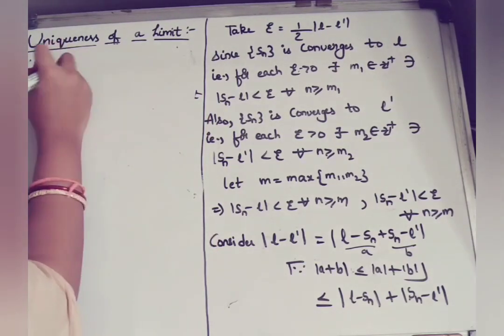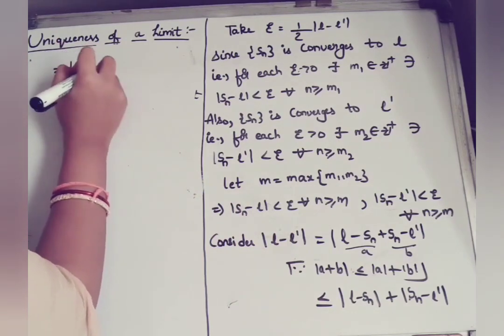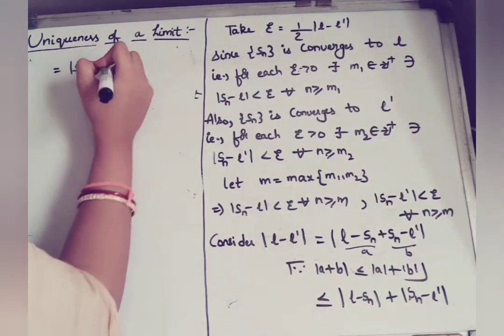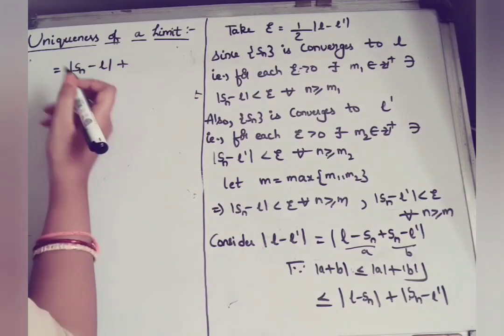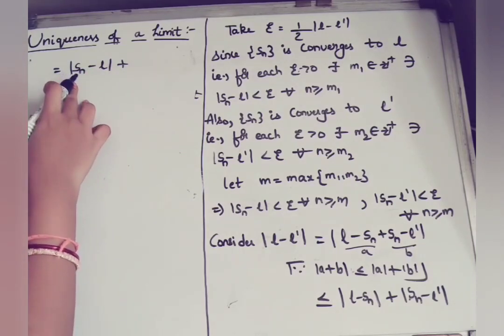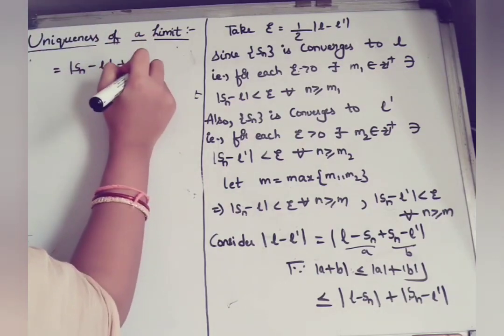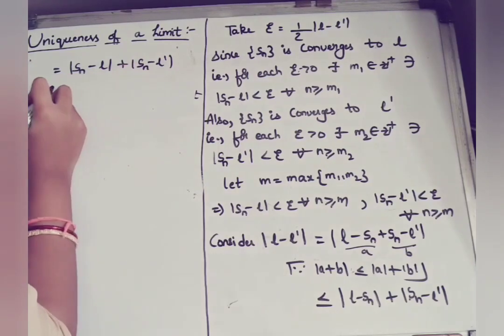So from this we have Sn minus L. We have no problem. Why? Because we have mod here, so mod of minus negative values becomes positive.